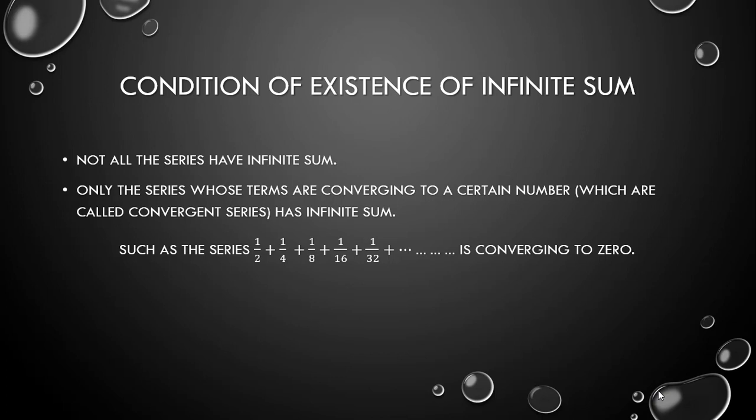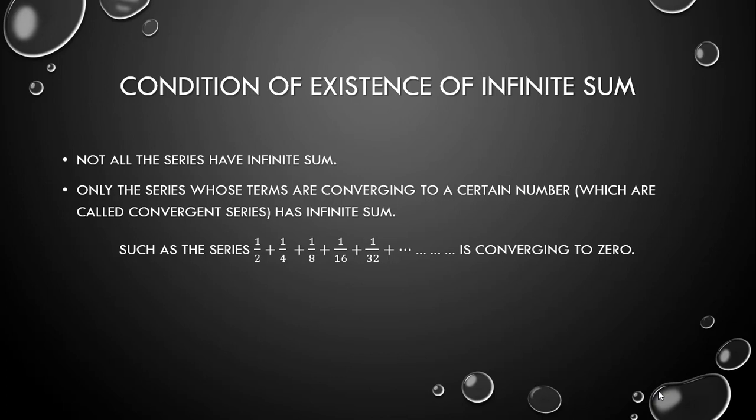So we can say that this series is converging to zero, because we don't know which will be the last term of the series, but we can assure that whatever the term is at the end, or near the end of the series, it will be very close to zero.